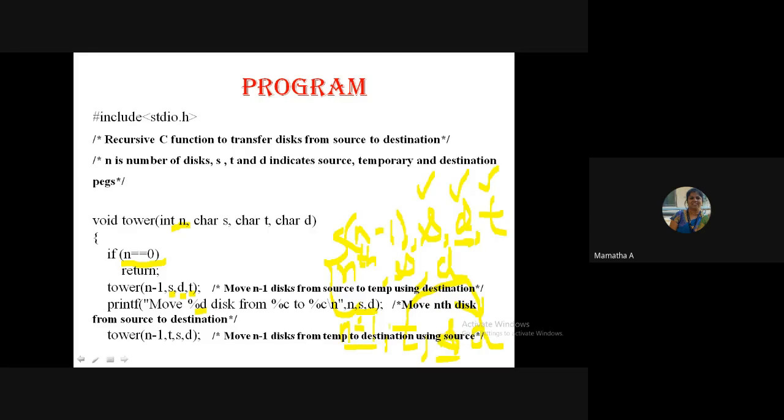Yes, very good, Girish. Tower n-1, T, from temporary to destination using source. Yes, and that ends our function.